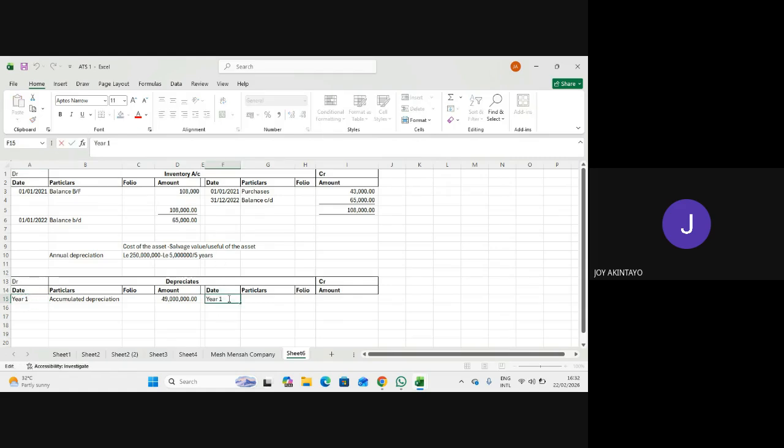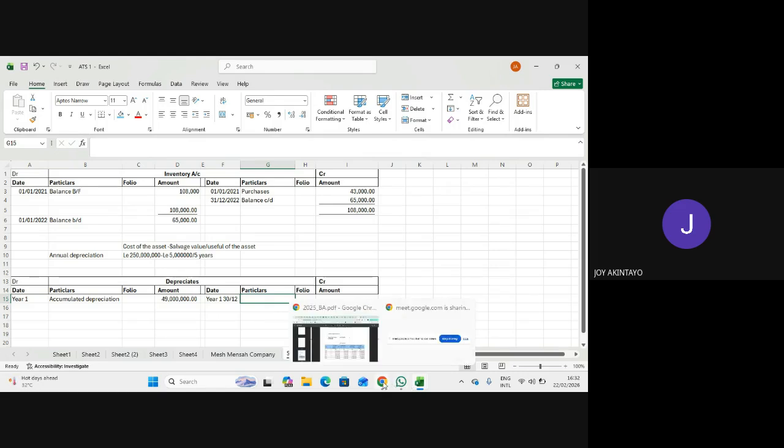which is 31st. So we have, what's this thing?